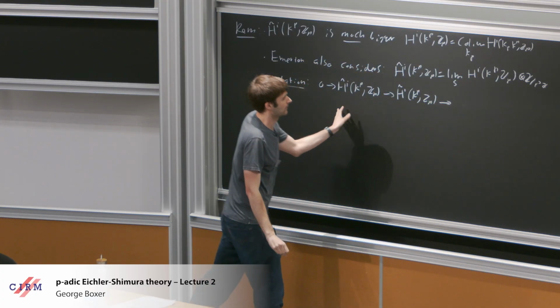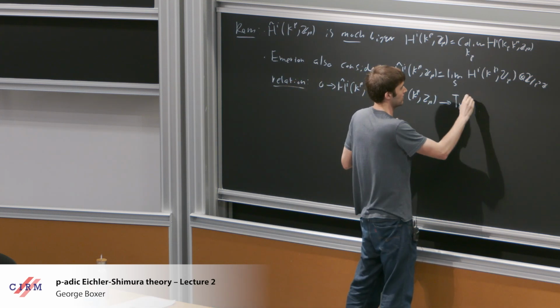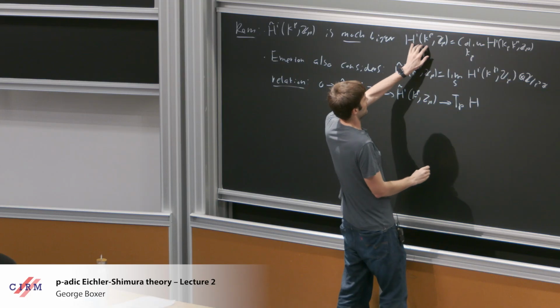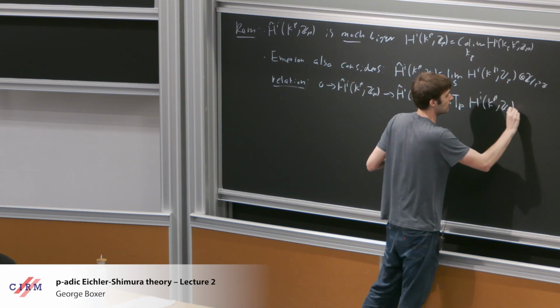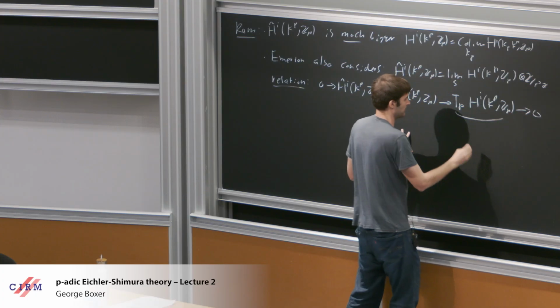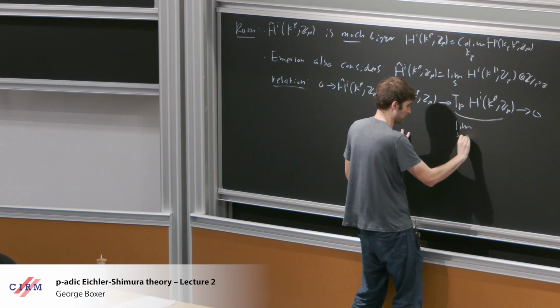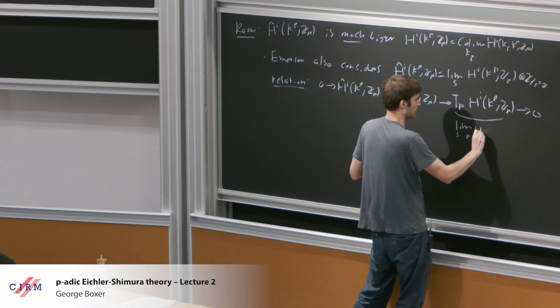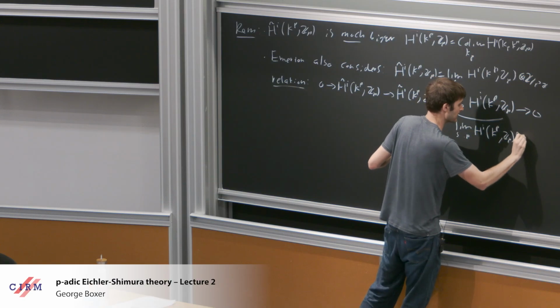And then there's a cokernel, and the cokernel is the p-adic Tate module of this. I'll explain what I mean by that. By definition, this is just the limit over s, where the transition maps are multiplication by p, of the p^s torsion.